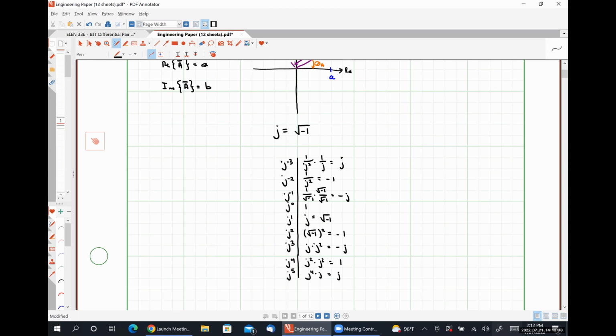So it goes J, negative 1, negative J, 1, J, negative 1, negative J, positive 1. Just cycles those four values over and over again.